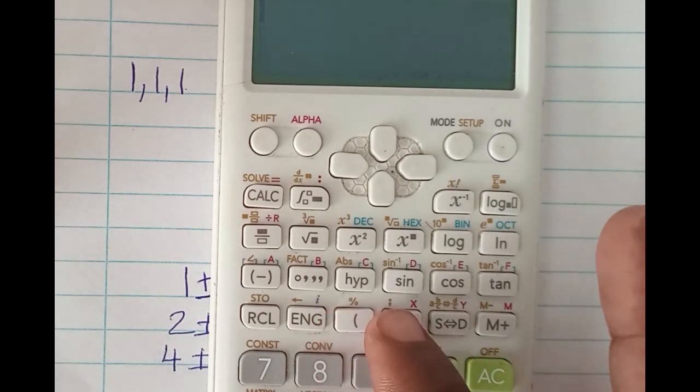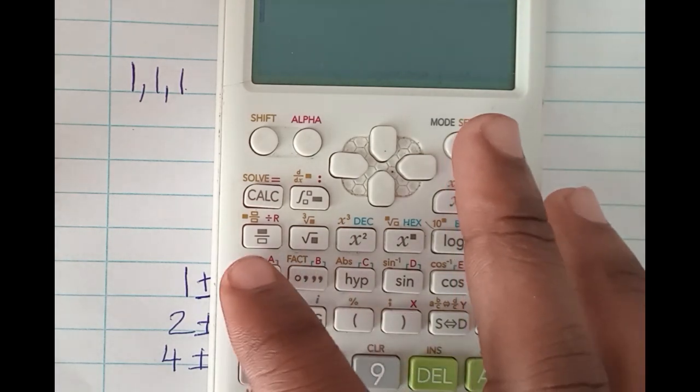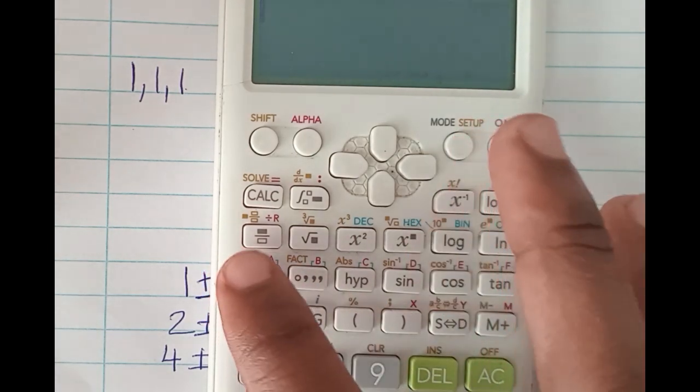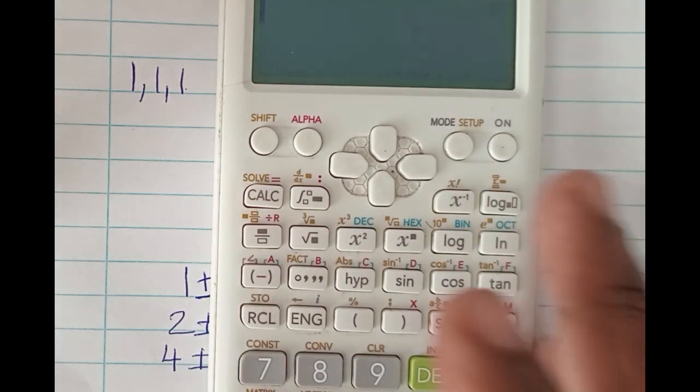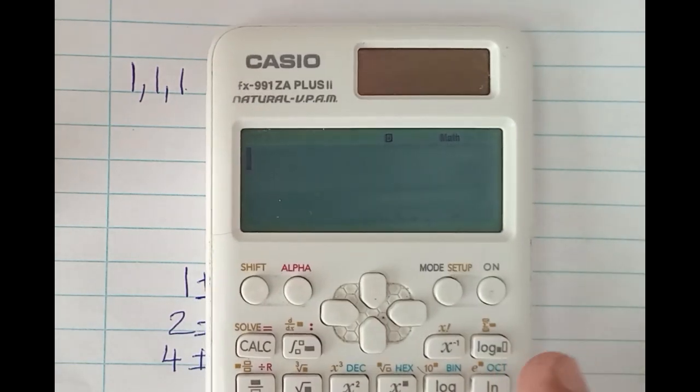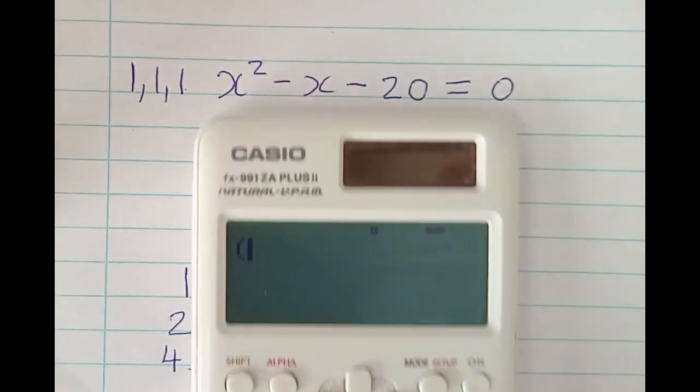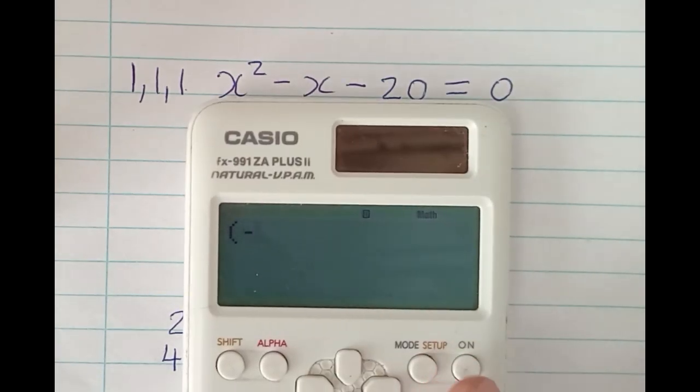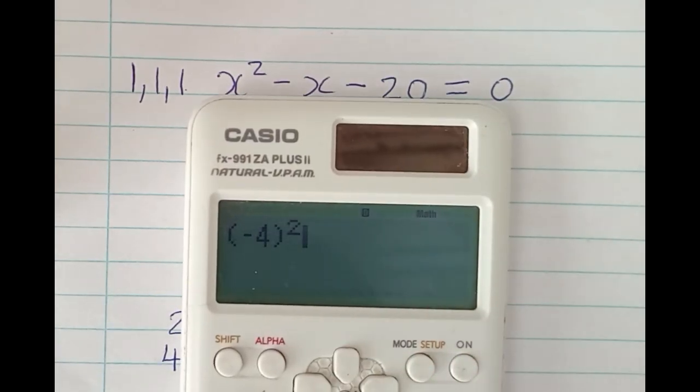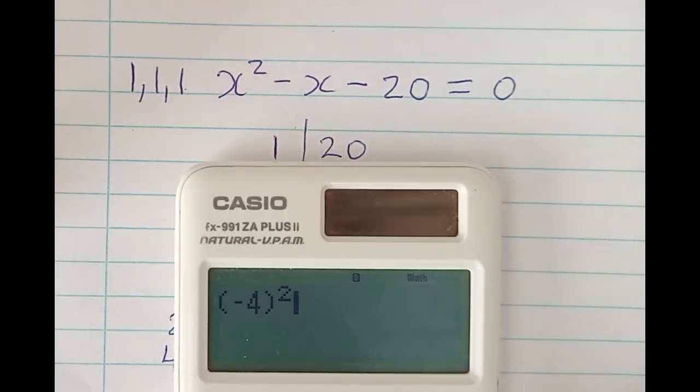Remember, we have brackets here. And when you press a negative, press this button. Don't press subtraction. So we will have negative 4 squared minus negative 4 minus 20. You see, it's 0.